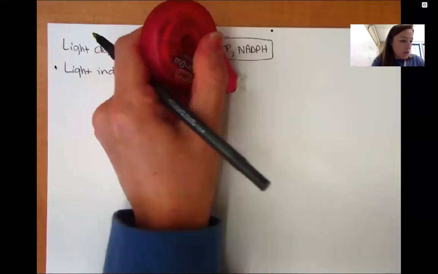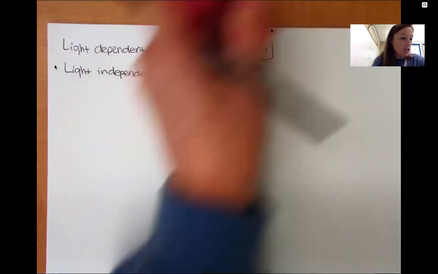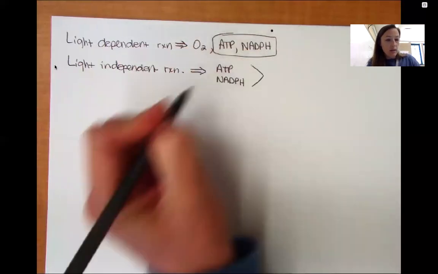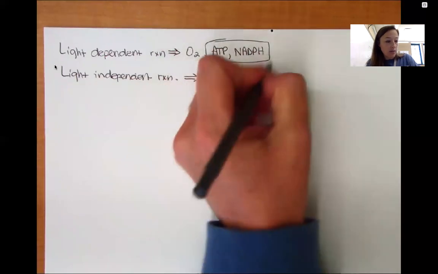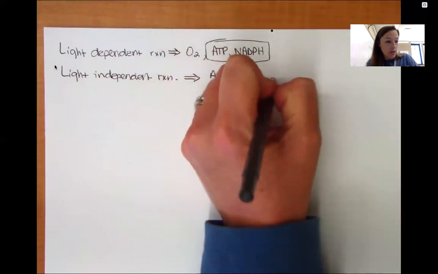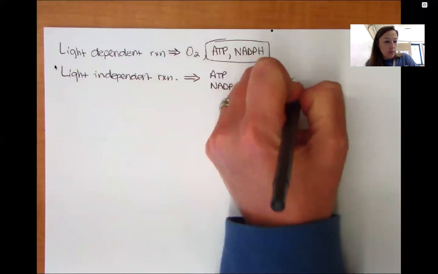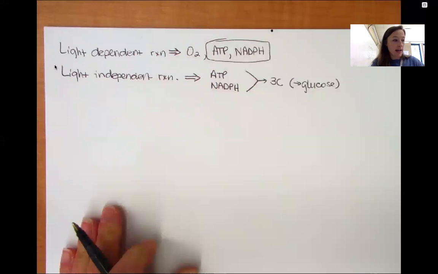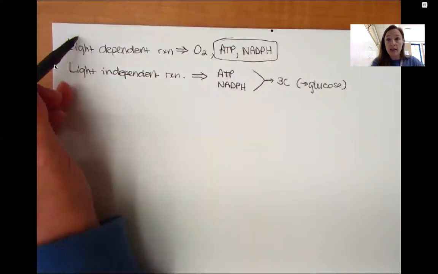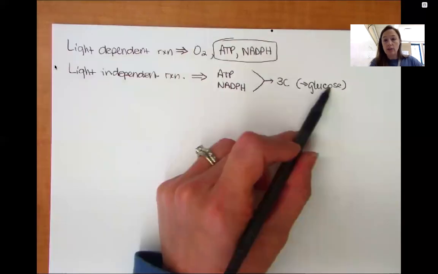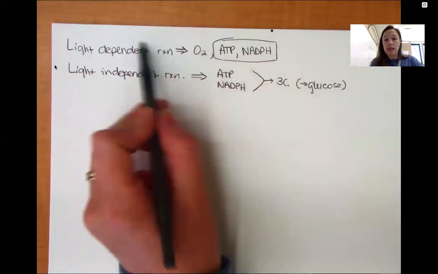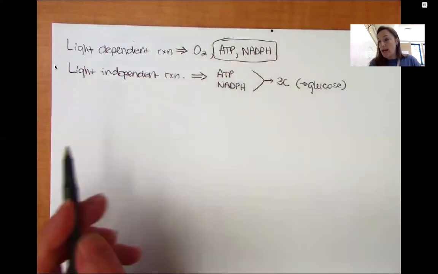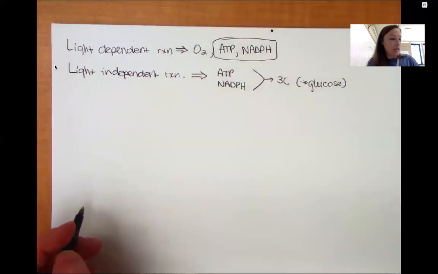So ultimately we're talking about the sun's energy, but we've converted it to ATP and NADPH, and to take that energy out of those and put it into a 3-carbon, which will eventually become glucose. Because the whole idea of photosynthesis, these two reactions, is to take the sunlight energy and convert it into glucose. So step 1, we convert it to ATP and NADPH, and then in step 2, we convert these to glucose.